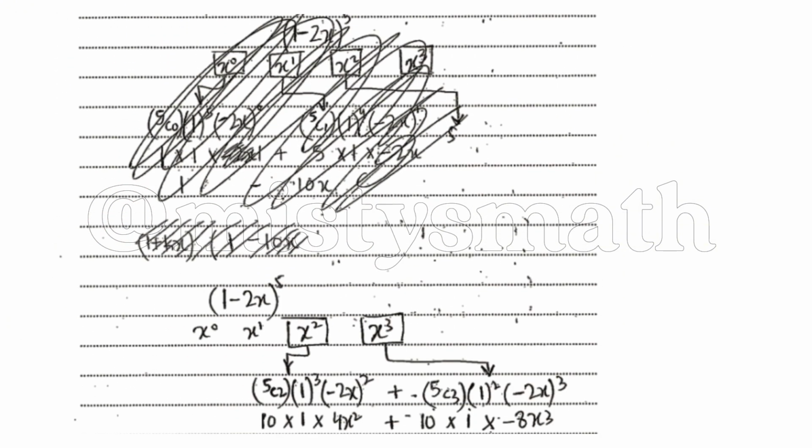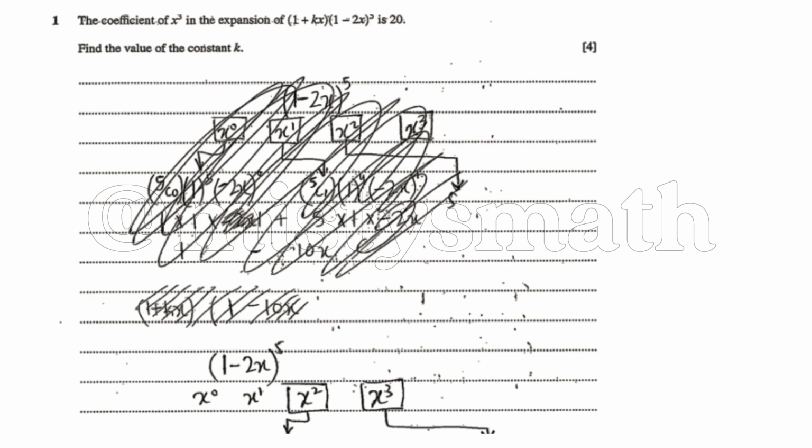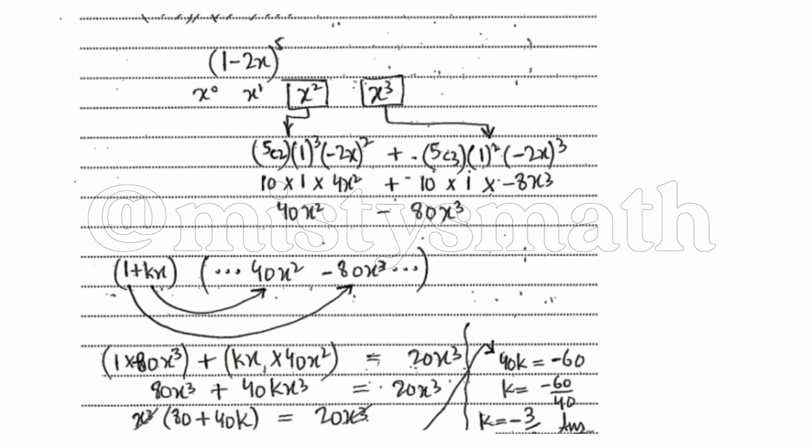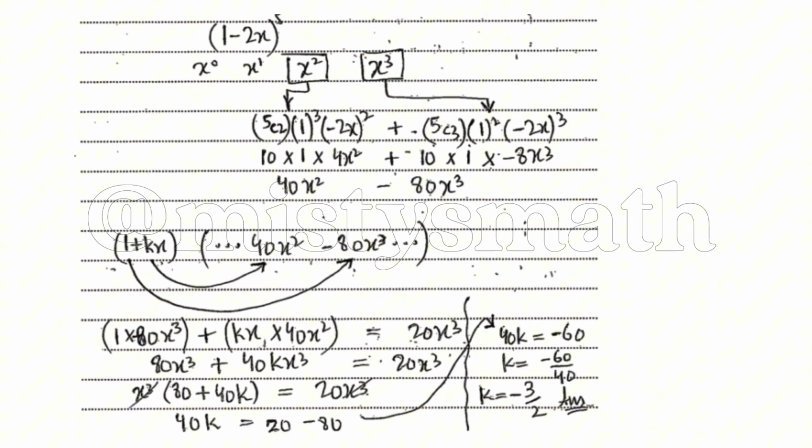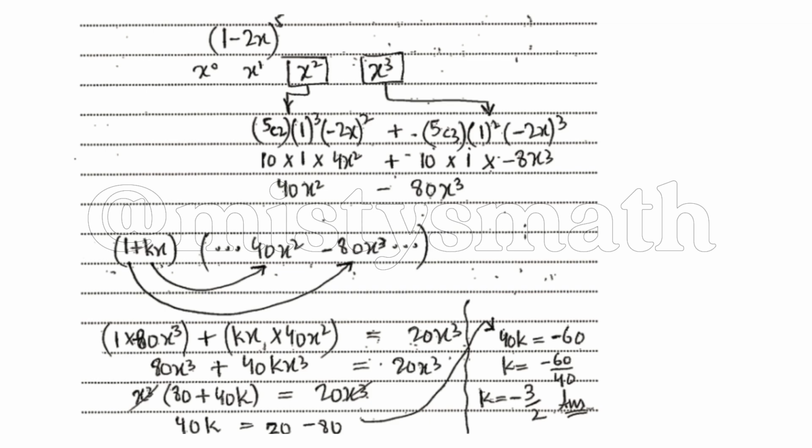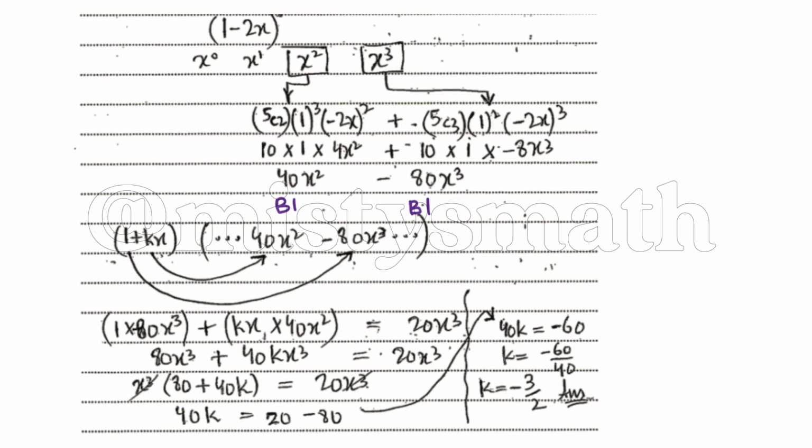Now this candidate had his answer, but he erased it. That's fine, because he replaced it with another one, so that's what the examiner is going to mark. The candidate has the coefficient of x squared as 40, B1. Coefficient of x cubed is negative 80, another B1. Now when he expands, if you can see, he missed something there.